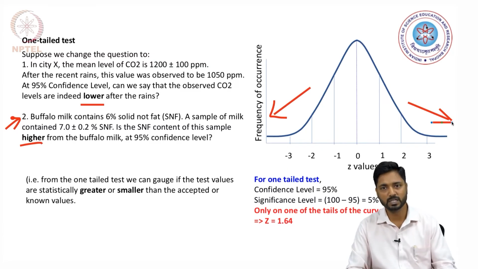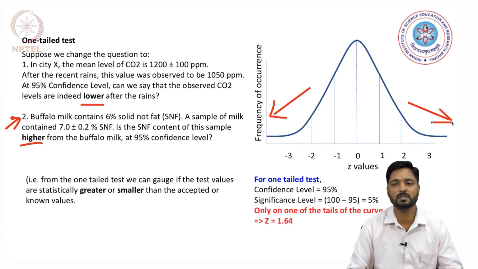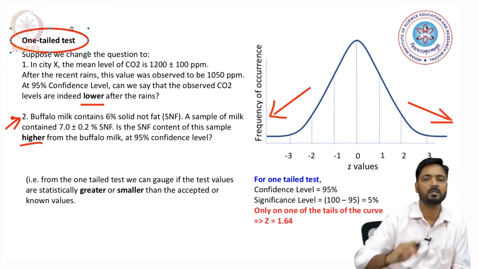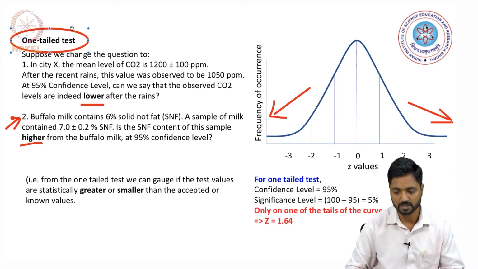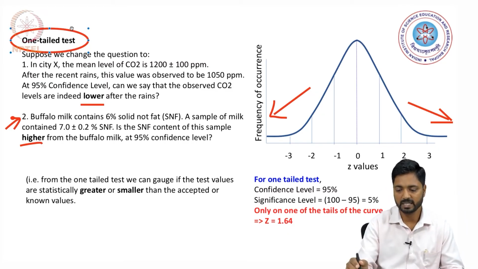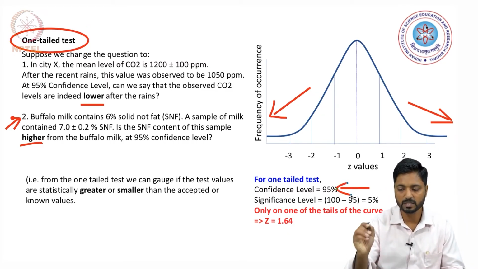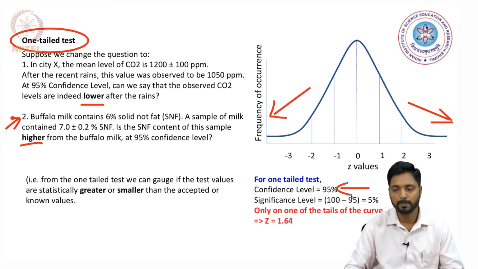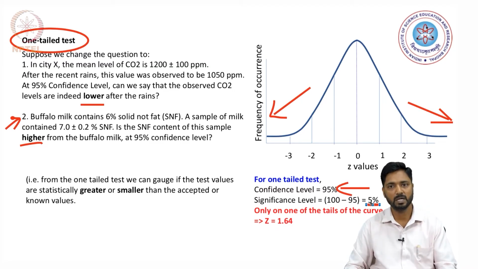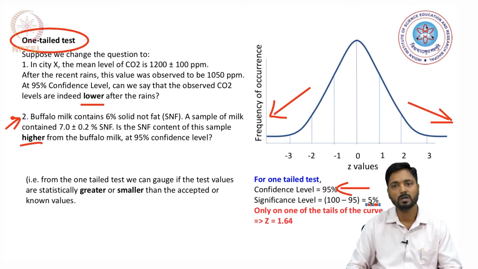So, all the significance region will be lying at one of the tails, and that is why this test is known as the one tailed test. And when we talk about one tailed test at 95% confidence level, we imply again the significance level of 5% lying on only one side of the tail.